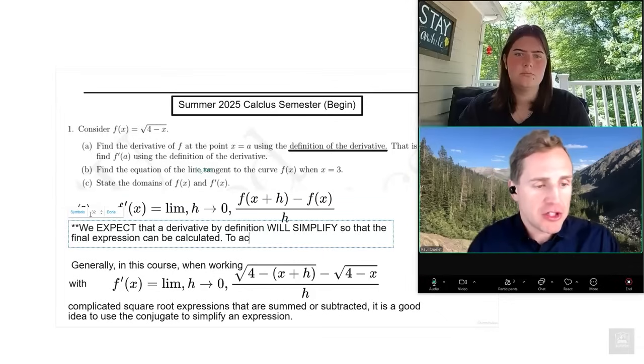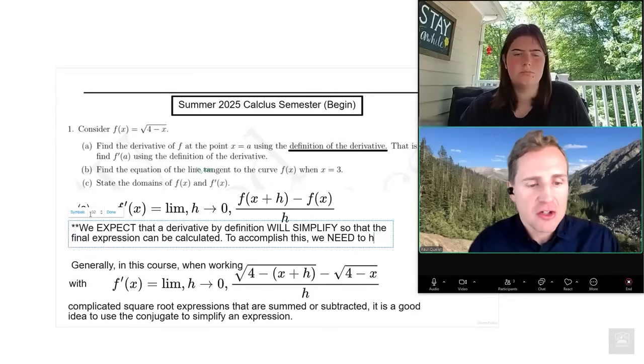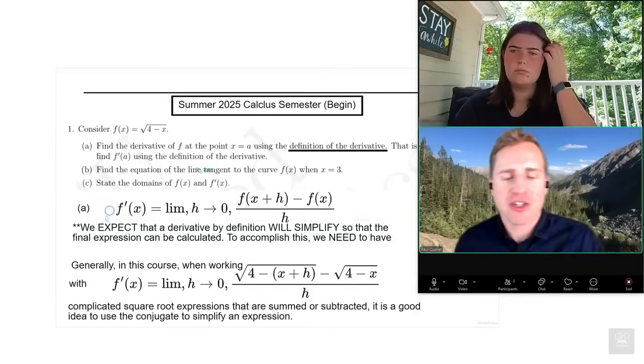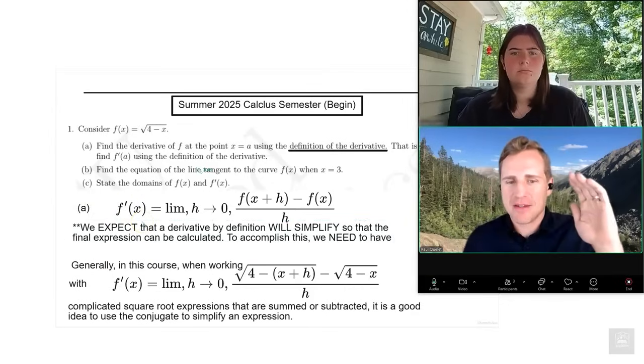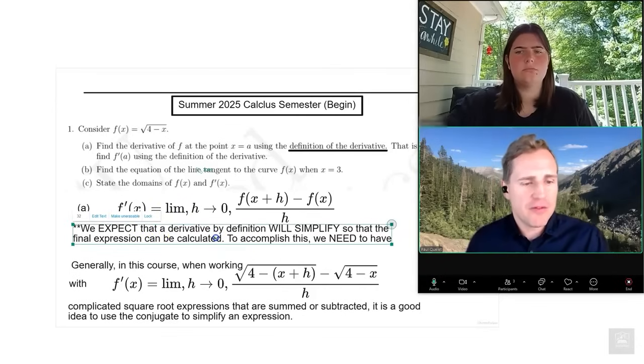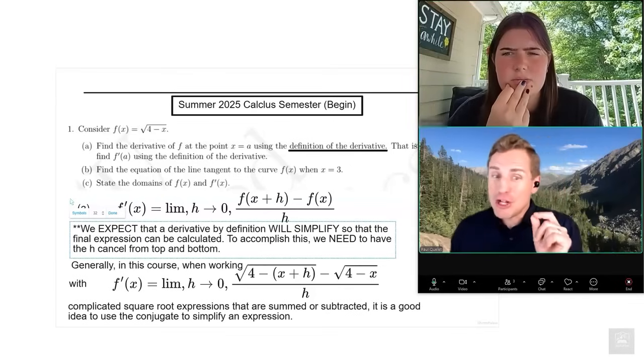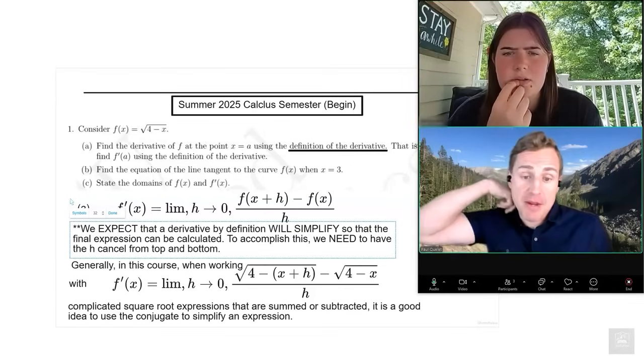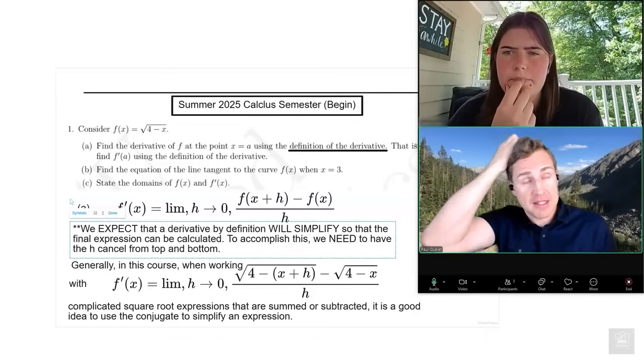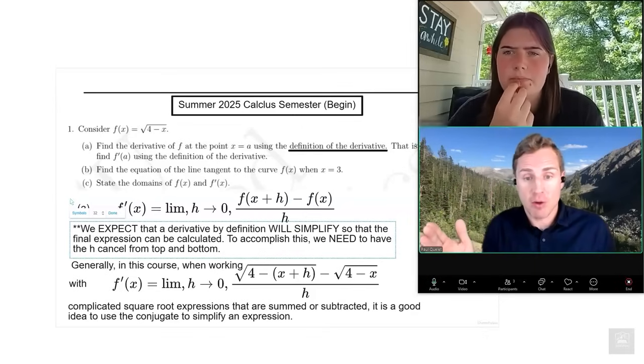To accomplish this, we need to have, and then what's the condition? What do we need to have happen on this derivative by definition for this to occur? We need to have the denominator not equal 0. You're pretty close. So the thing is, the limit is having h approach 0 anyway.